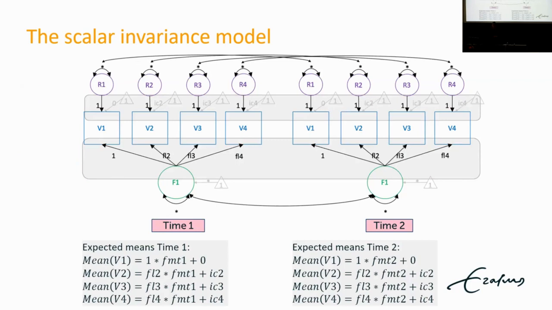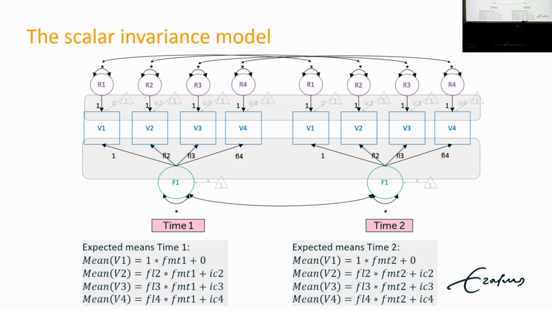Well, then we see when we look at the equations for the expected means that we already had on one of the previous slides, by constraining the intercepts and the factor loadings, we see that between time points, any difference in the mean of variable 2 can only be the result of a difference in factor means between time point 1 and time point 2.